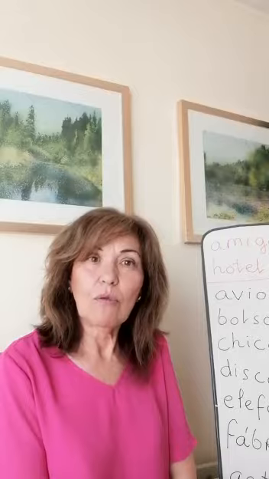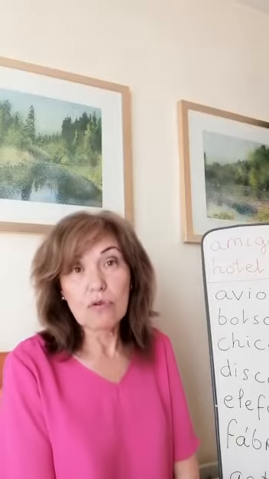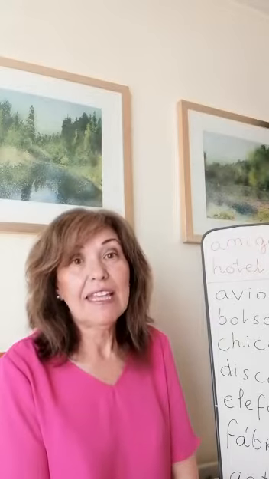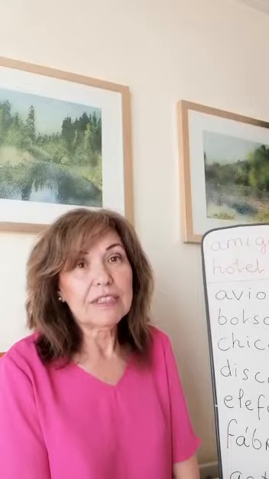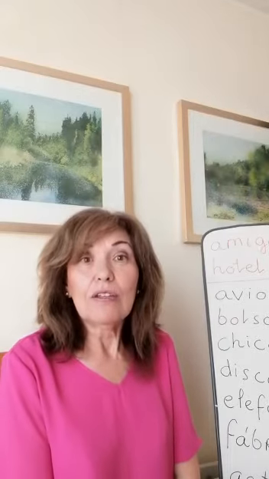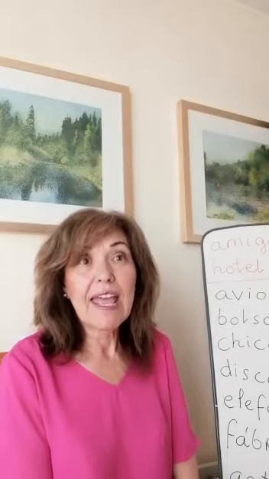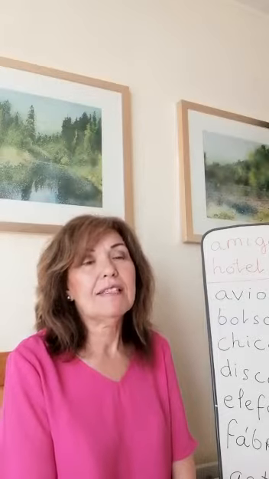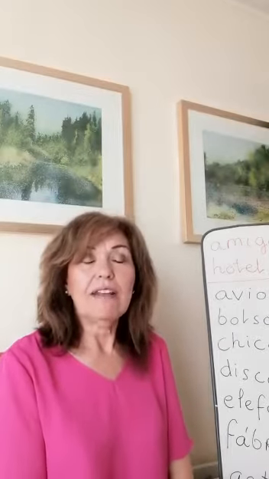Now for this, we have to look at the end of the word, and very much like in English, when a word is single, is plural, we add an S, but we add an S if the word ends in a vowel.